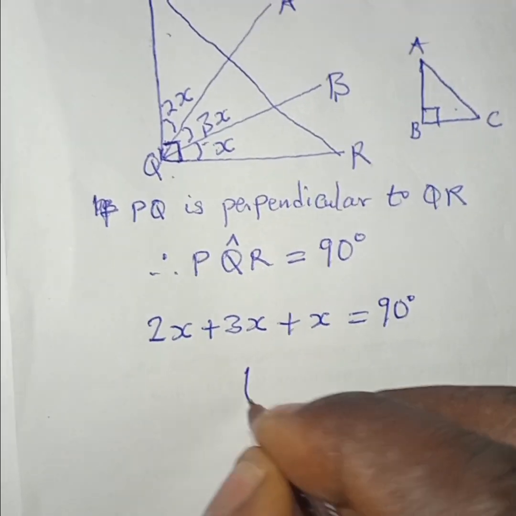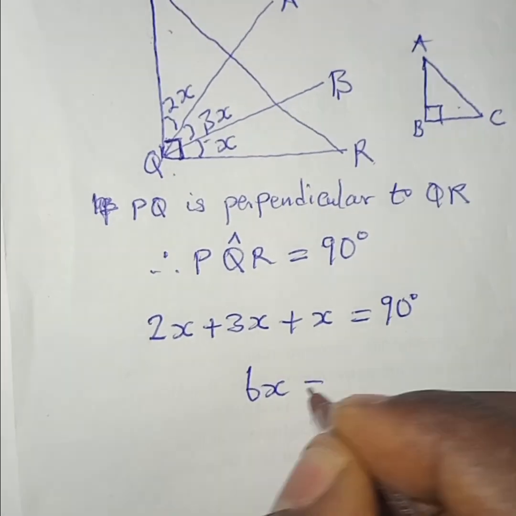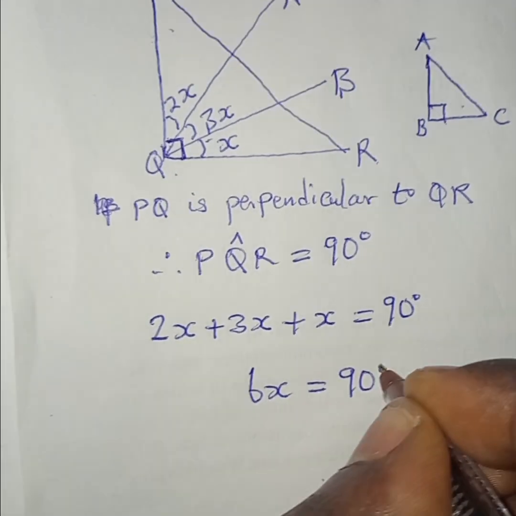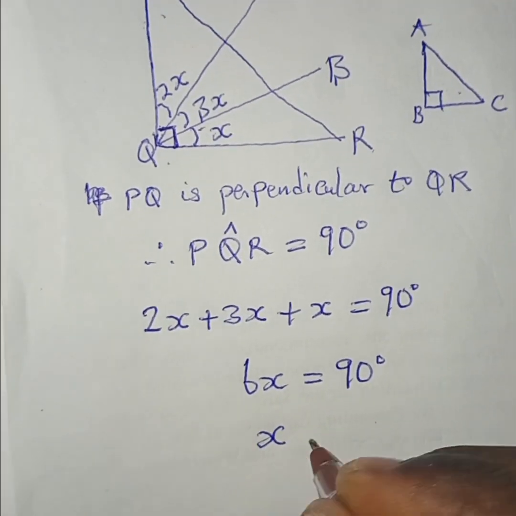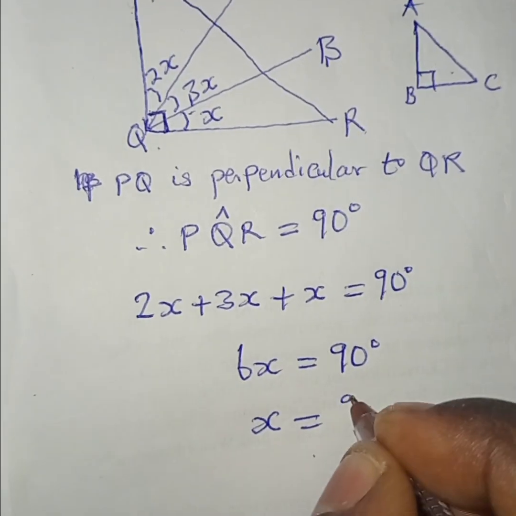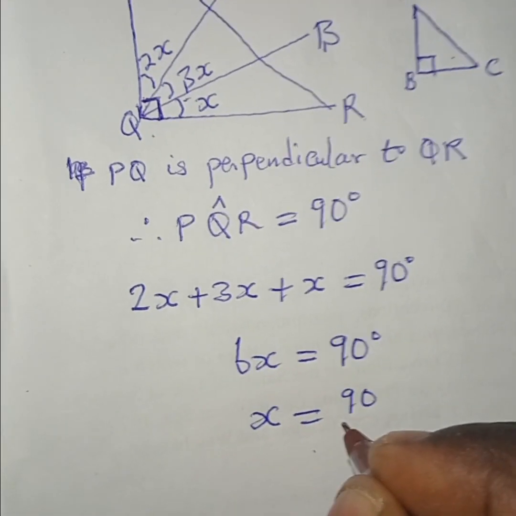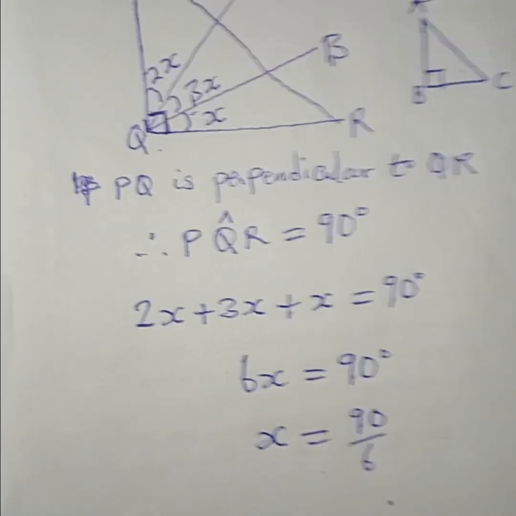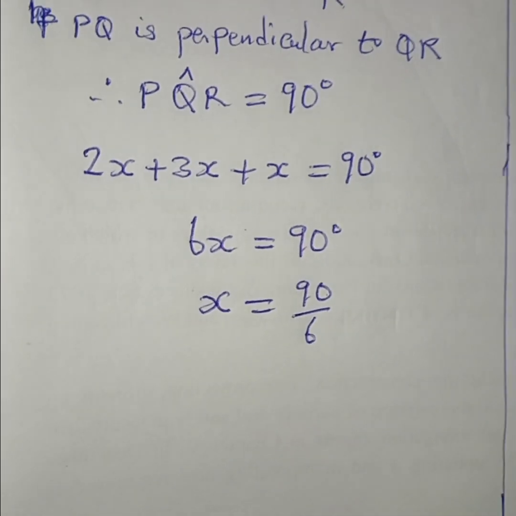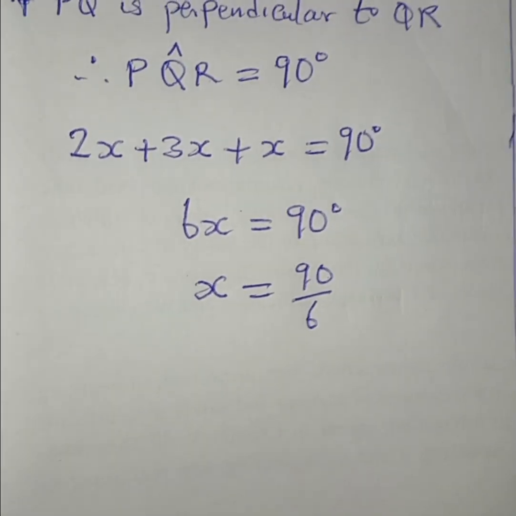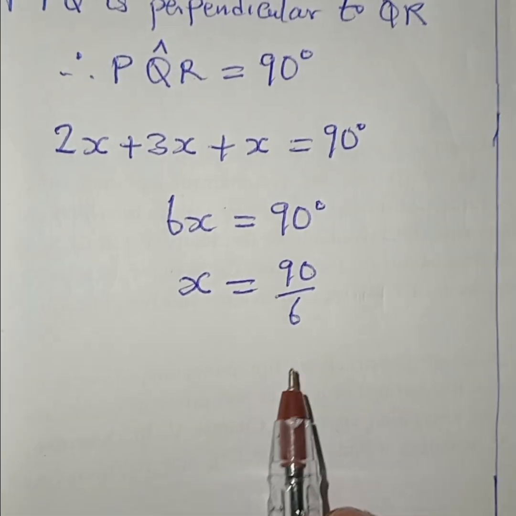So we have 6x equal to 90 degrees. So x, which is what we are looking for, equals 90 all over 6.